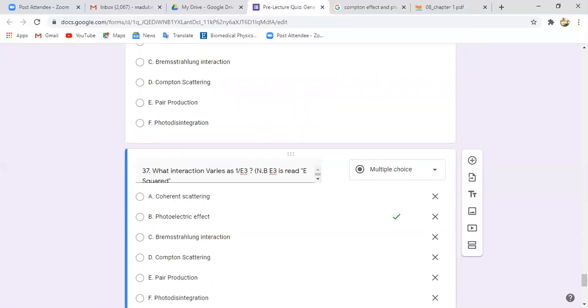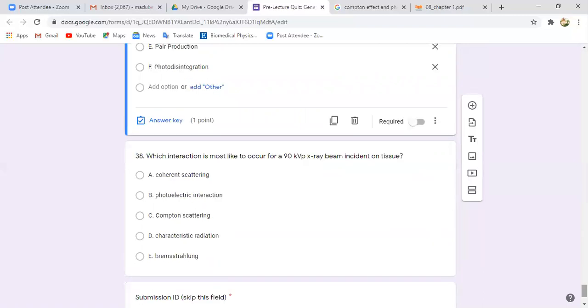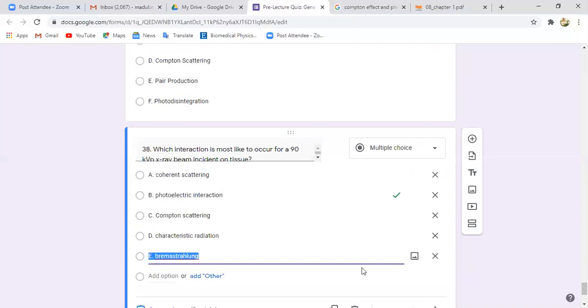The interaction is more likely to occur for a 90 kVp X-ray beam incident on tissue. The answer says photoelectric, but that's not correct.